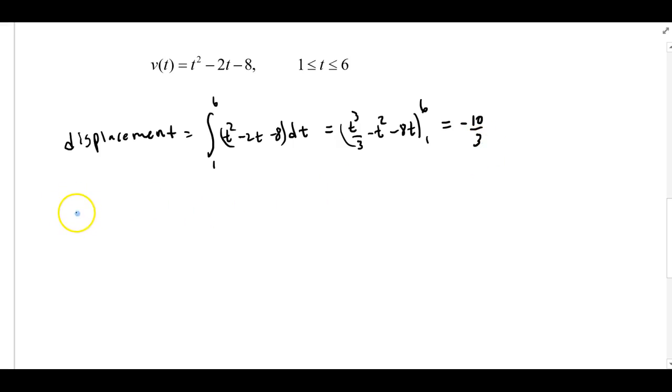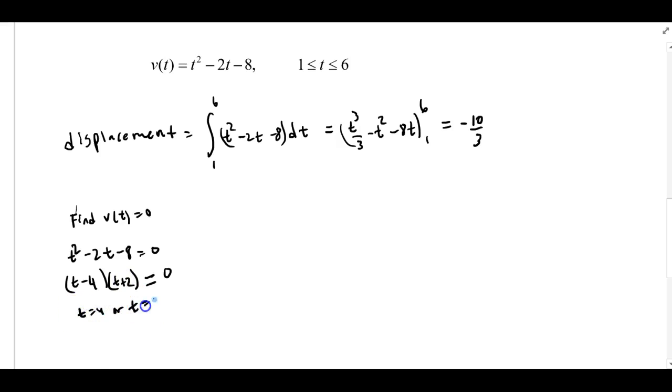Now, if I want to find the total distance traveled, what I need to do first is find when velocity is 0. So I set the velocity function equal to 0 and solve for t. In this case, I can solve by factoring: t minus 4, t plus 2. And so t would equal 4, or t would equal negative 2.